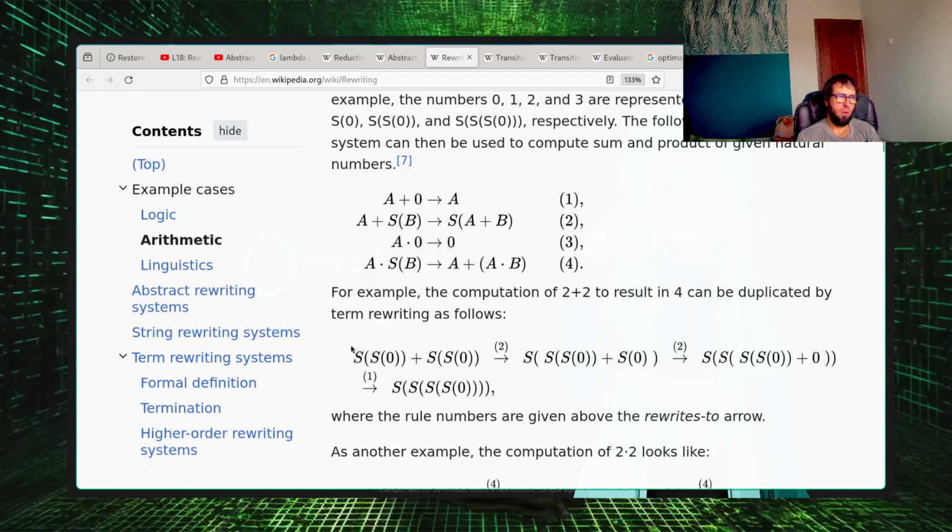For example, here you see how the addition of two numbers, 2 and 2, proceeds with these rules. We apply them again and again, and at the final point we have the result of our computation, the number 4.